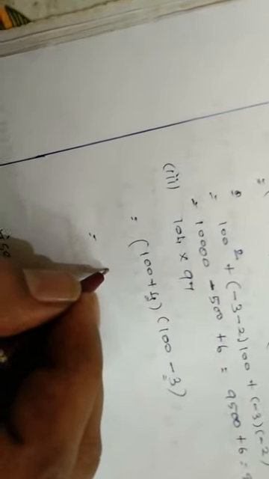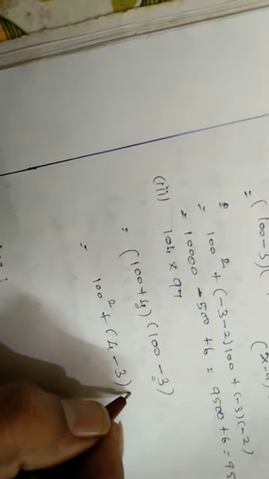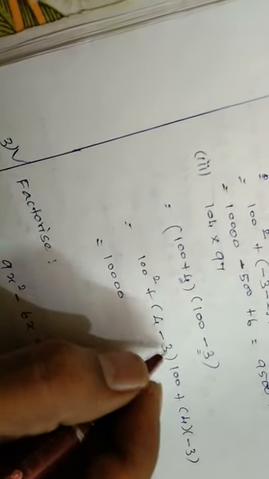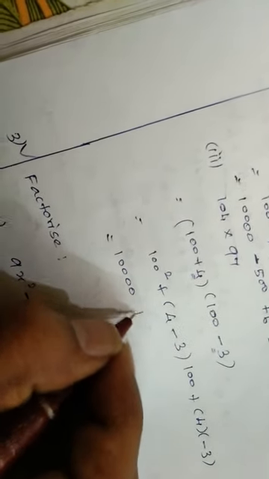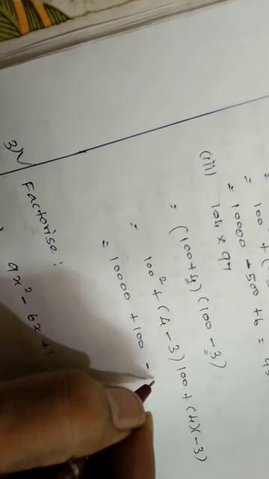The same thing: 100 squared plus a value 4 minus 3, b value minus 3 into 100, plus a value 4 into b value minus 3. So 10,000, 4 minus 3, 1. So plus 100, plus into minus, minus 4 into 3, 12.